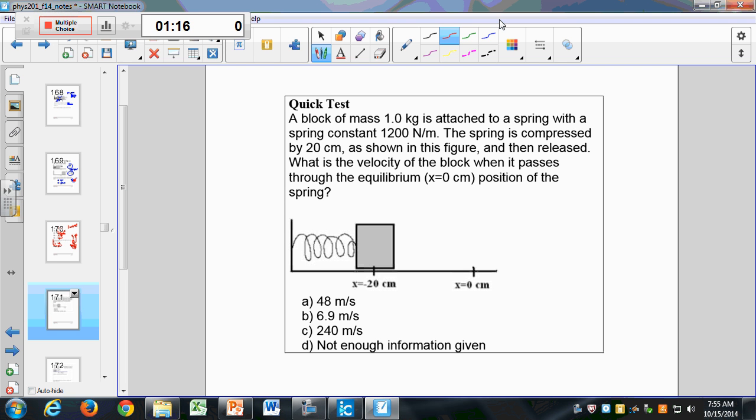You want to think about the potential and the kinetic energy and where it contains those values, where potential is 0, where kinetic is 0.